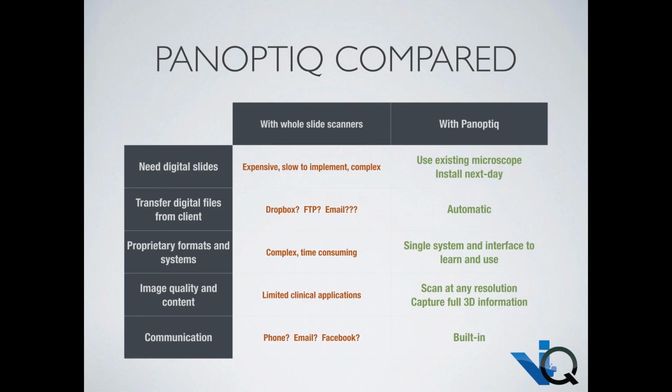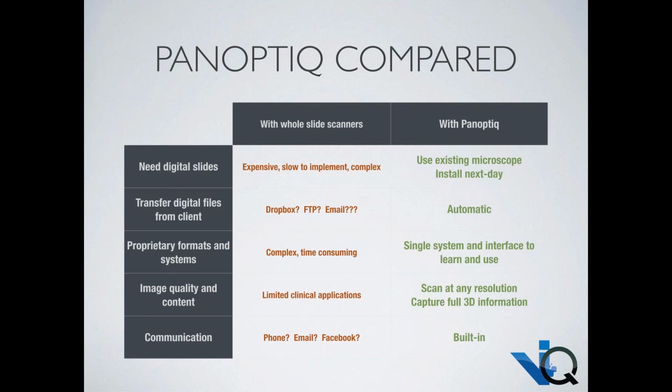But what is easily achievable is that if you want to do a scan at 10 times, let's say for a cytology slide, that will take you less than a minute to get the overall slide scanned. And then if you want to scan a couple of regions at a higher magnification, that typically takes less than a minute for each region as well.